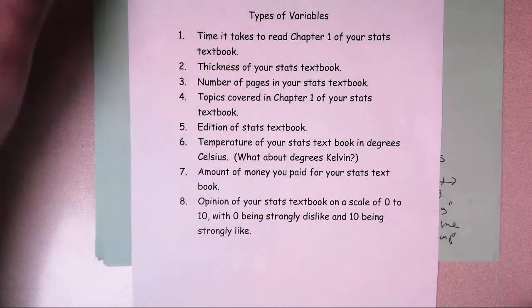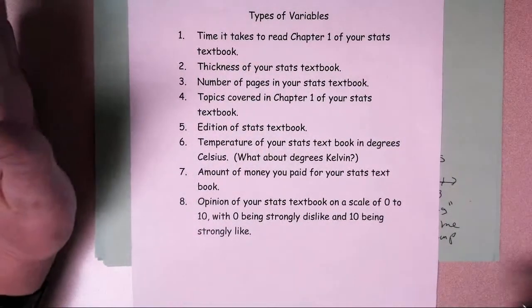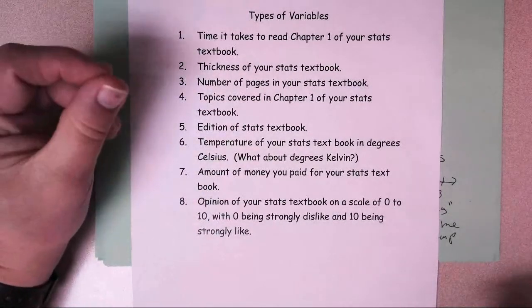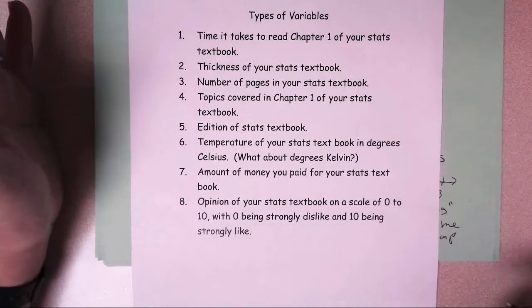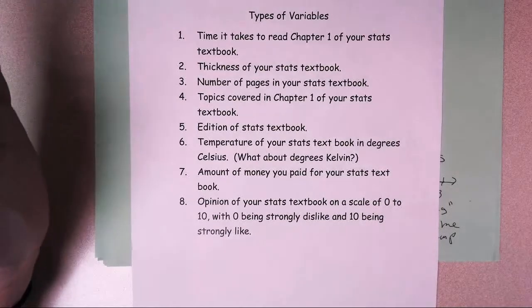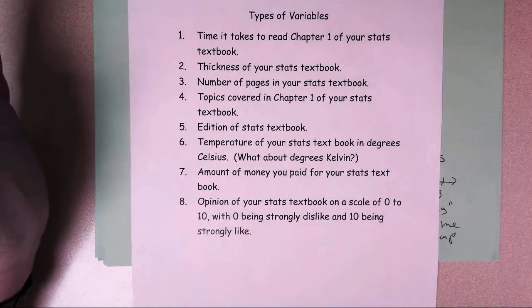The topics covered in chapter 1 of your stats textbook, that is a qualitative variable. Okay, so it's non-numerical. Now this is an interesting one. The edition of your stats textbook, like this is the 8th edition, I think, or the 10th edition or something. 8th edition. Okay.